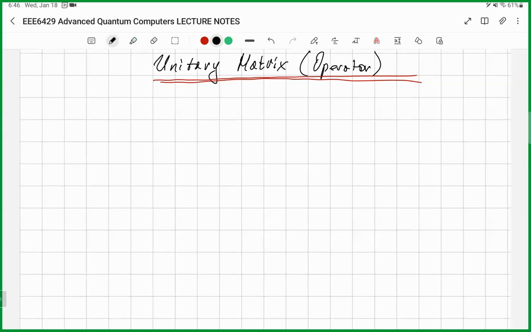So the unitary matrix is another sort of matrix.